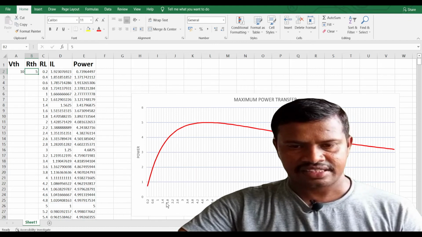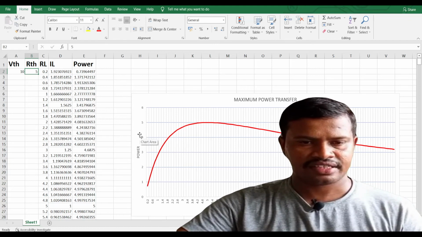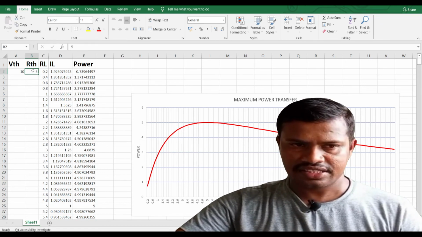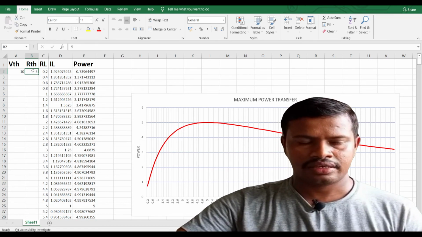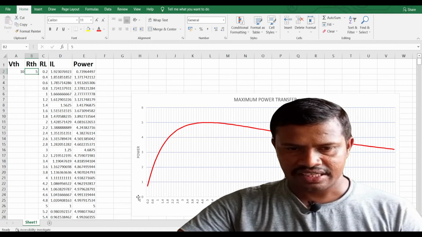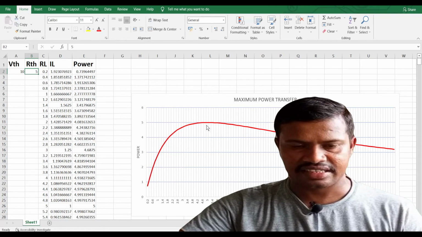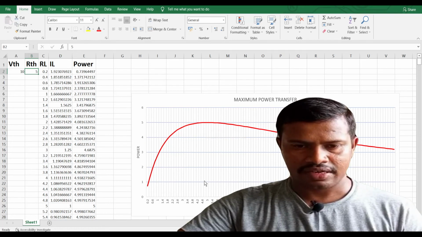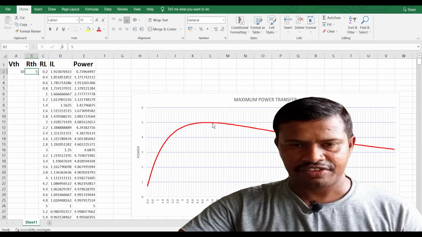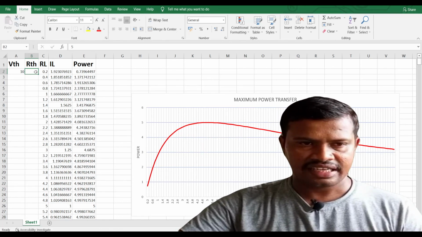In the graph, the x-axis is the load resistance, and the y-axis is power. When the source internal resistance is 5 ohm, we see the power delivered by the source increasing until the load resistance reaches 5 ohm. After 5 ohm it starts dropping.